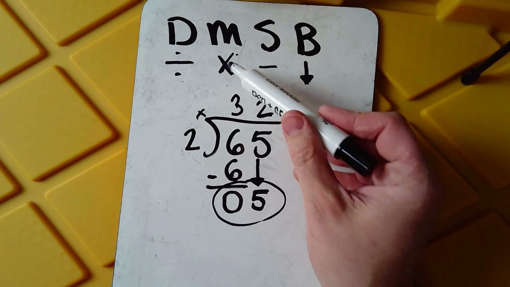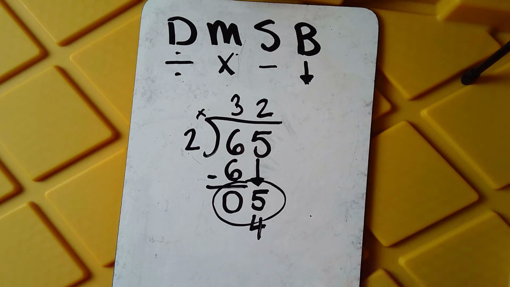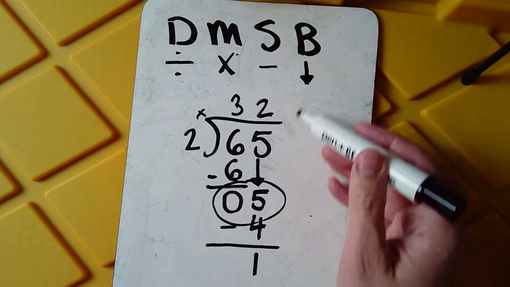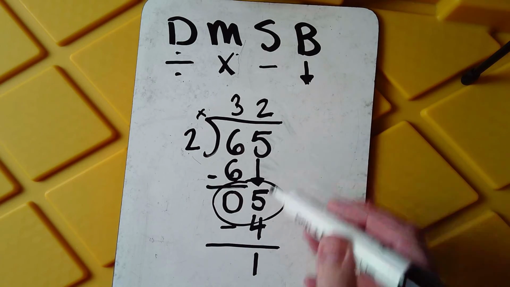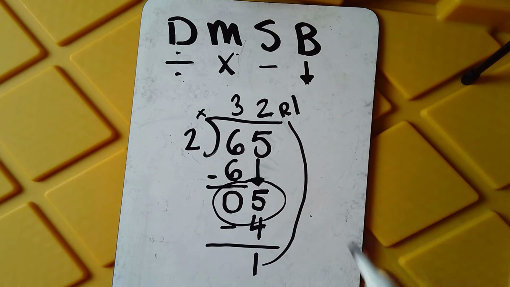Now it's time to multiply. 2 times 2 is 4. Now it's time to subtract. 5 take away 4 is going to get me 1. Now it's time to bring down. Nothing else to bring down here, so this remainder comes on up. 1. 32, remainder 1.